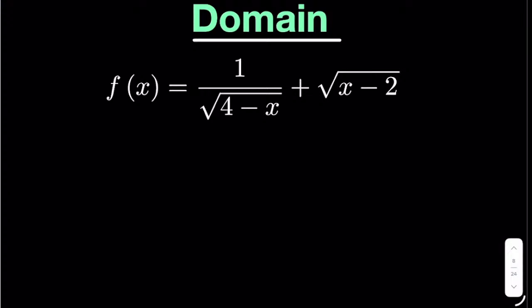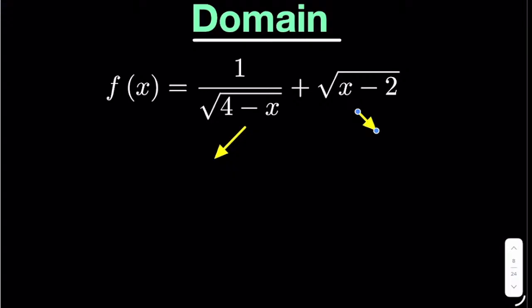Someone says, sir, 2 to 4. Don't worry, try, because if you try, then you can understand more. Simply, domain means for which value of x the whole function is defined. So first of all, look at this part, and after that this part. Clear?